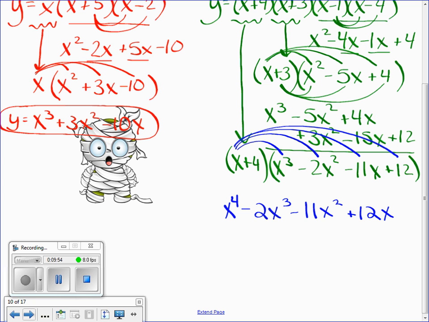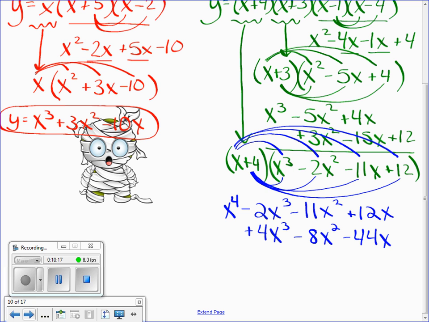This is fun, right? 4 times x cubed. 4 times negative 2x squared. Don't forget the x. 4 times negative 11x. 4 times 12. 48. Thanks, Jeremy. Oh, she's answering everything. I don't know.